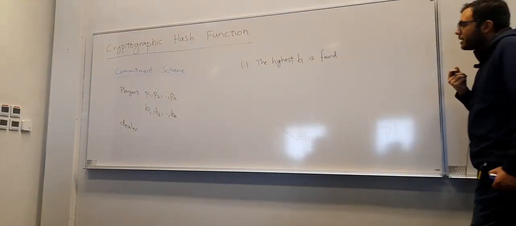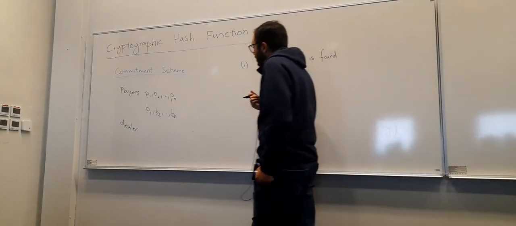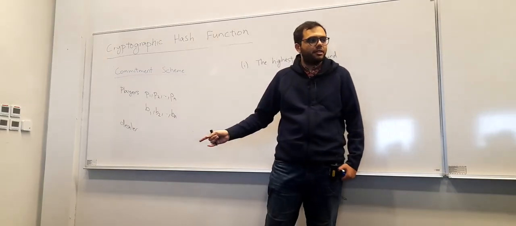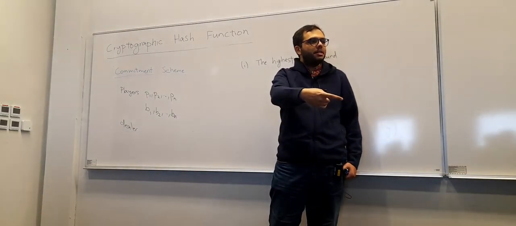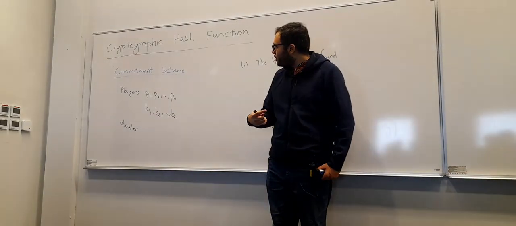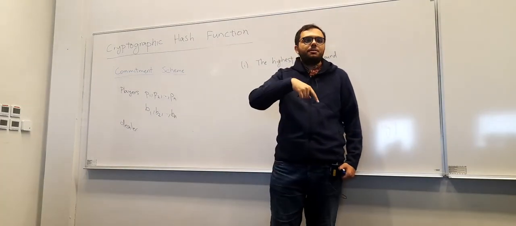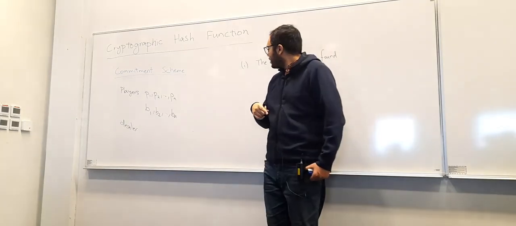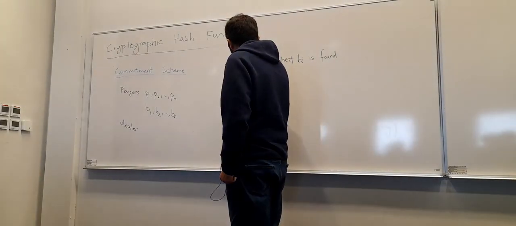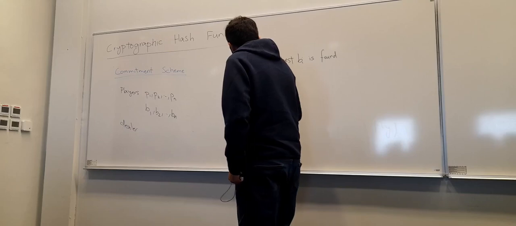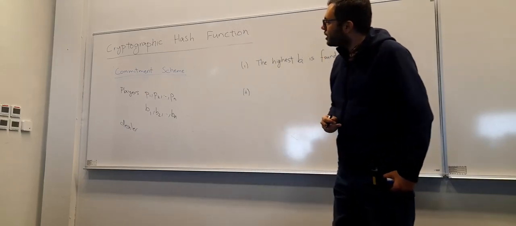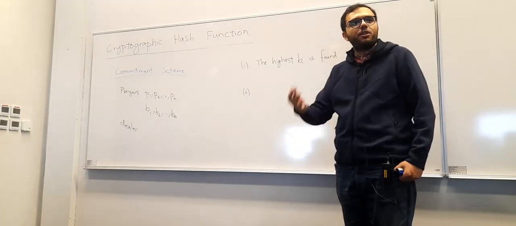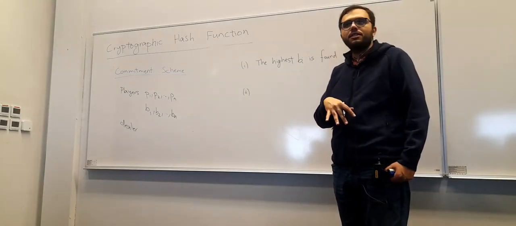But what other security properties do I like to have? Well, the problem here is that if a player can know other players' bids before they commit to their own bid, then they can just look at the other bids and then they can increase their bid. And we don't want that to happen. That's cheating for us. So the second property that I would like to have is that no player can change their bid based on information about other players' bids.